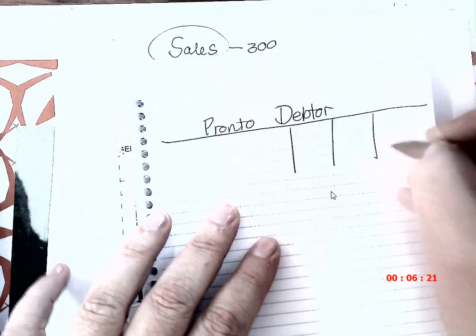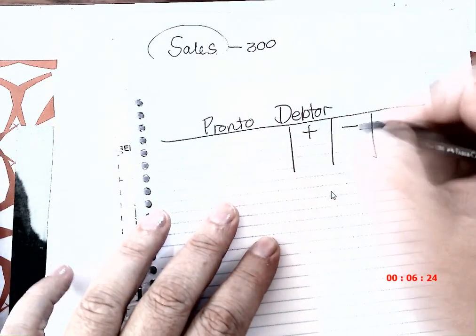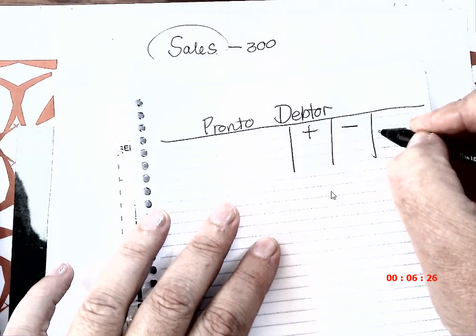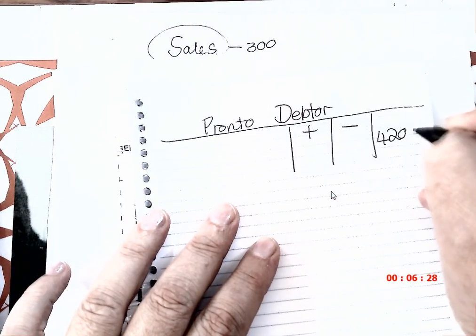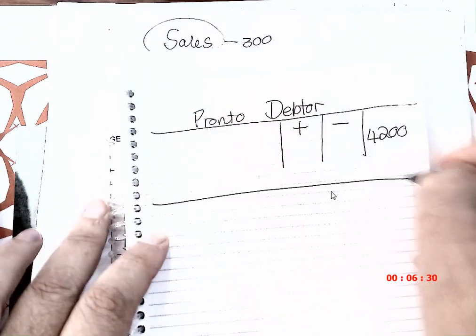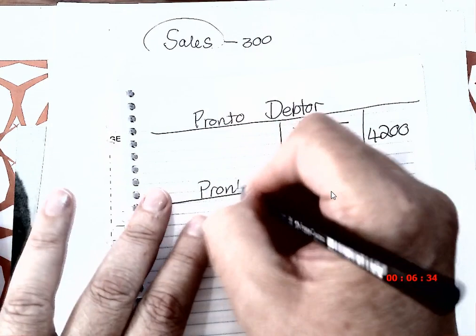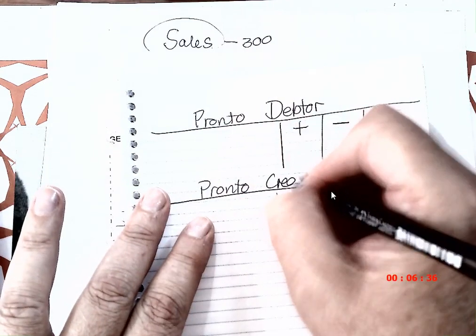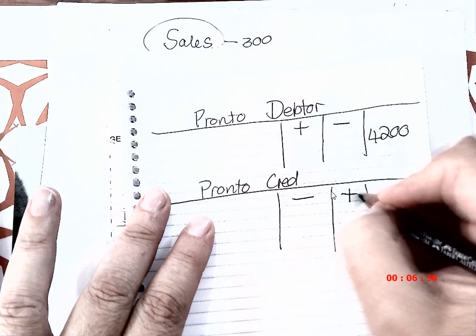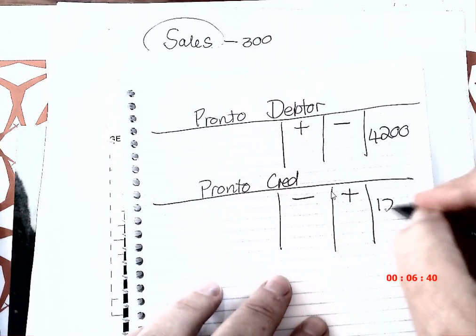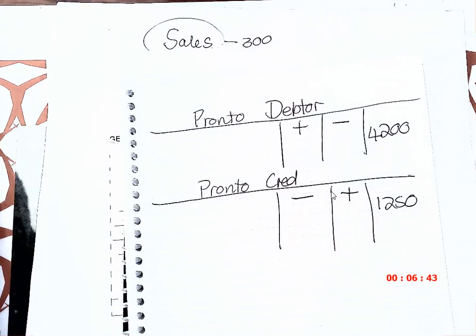Pronto the debtor has got a balance of 4,200. Pronto the creditor has got a balance of 1,250. You all with me?